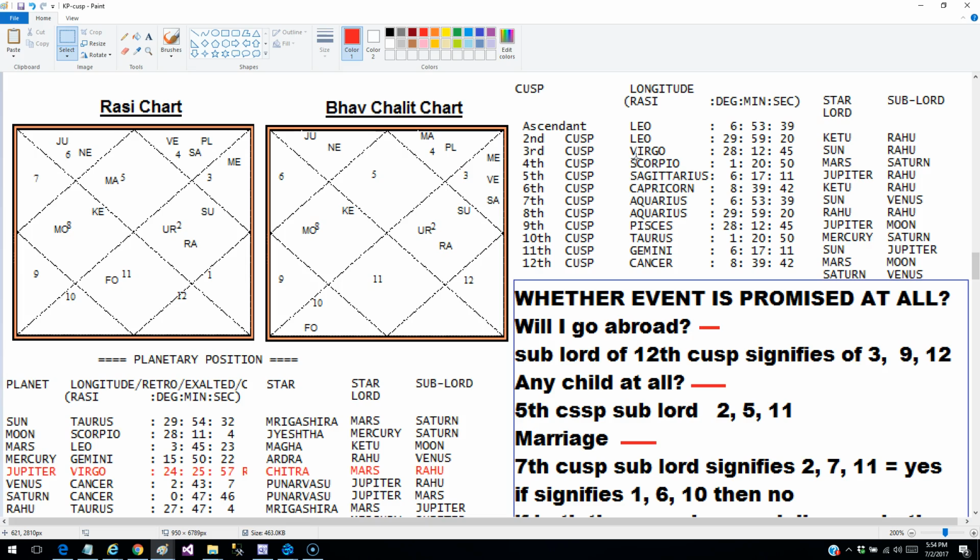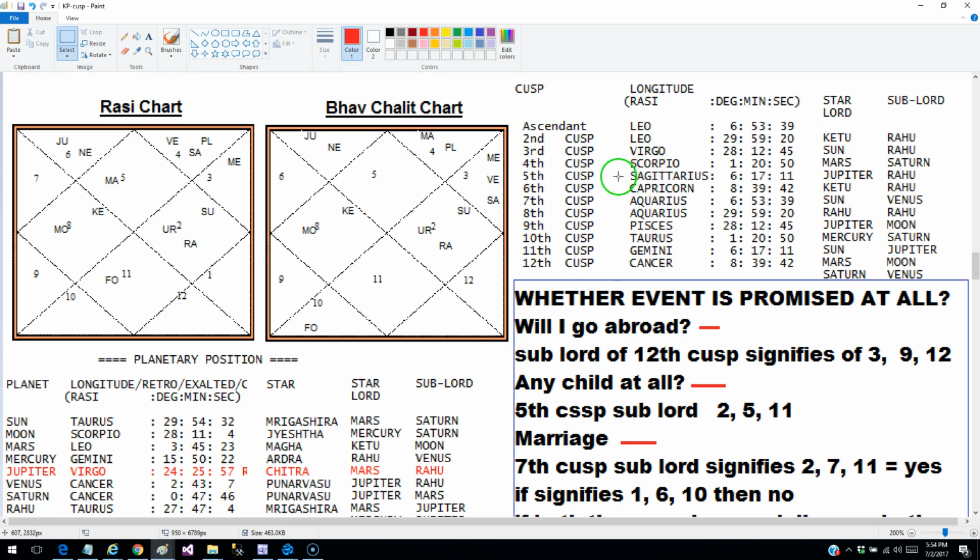So the sign disappears. This is usually called an intercepted sign, which means that the span of the third cusp is such that it has absorbed the span of Libra within it. The third cusp starts from 28 degree Virgo and goes to Scorpio 1 degree. So the entire Libra has been absorbed within the third cusp.